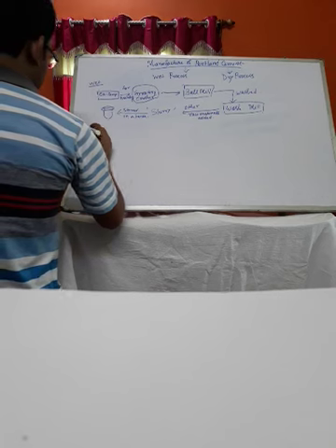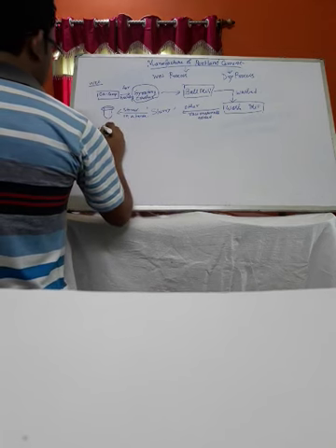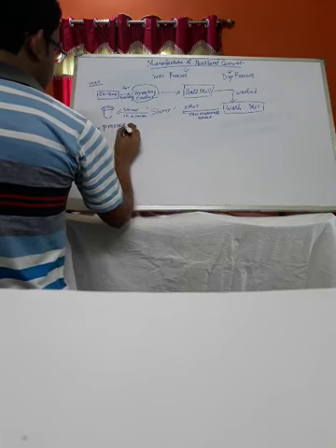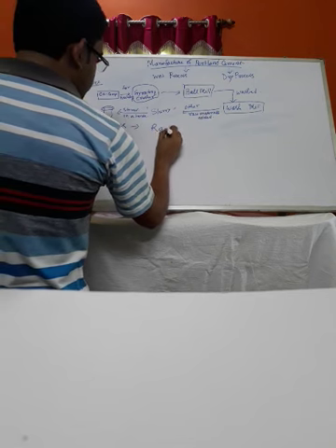Okay, now the compound obtained from the dry process is known as raw meal.